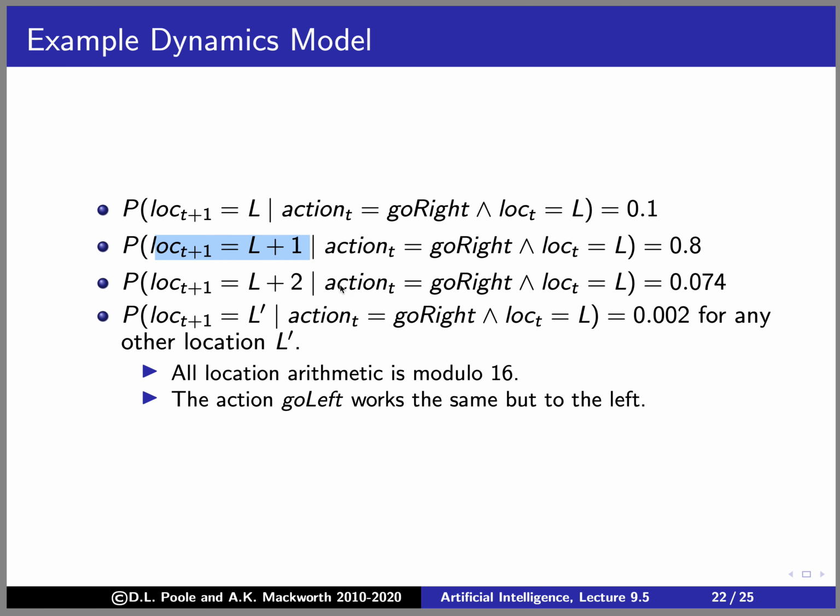You end up staying at the location with chance 0.1, you end up going forward 2 steps with some probability, and you end up going to some random place on this network about 2% of the time. All this arithmetic is modulo 16, and the action go left works the same way to the left. So this is quite noisy.